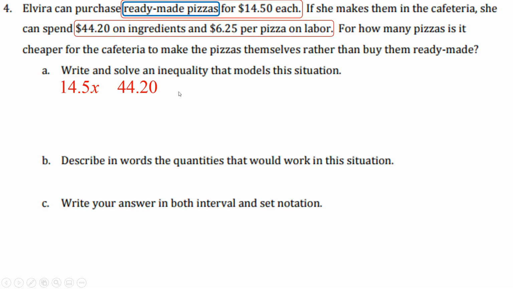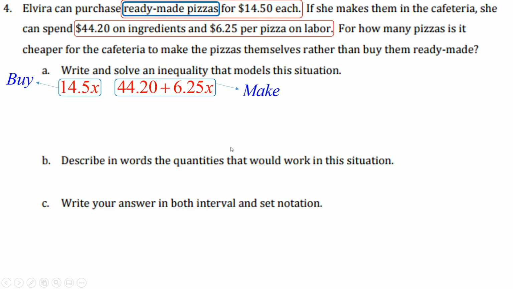So let's go plus 6.25x. Just like that. Now, you know what Elvira's thinking. What's going to be cheaper, to buy ready-made pizzas, or make them ourselves in the cafeteria? So let's know which expression goes with which. This 14.5x, that's the cost if we buy the pizzas ready-made. And this $44.20 plus $6.25 per pizza, that's the cost if we make them in the cafeteria ourselves.